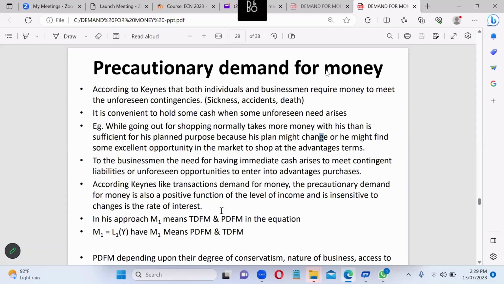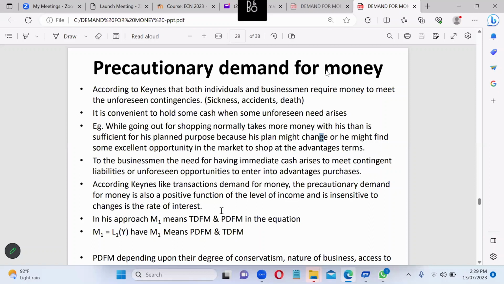Earlier, when we got an income of 15,000, we only went to the government hospital. Otherwise, when we earn more, 50,000 or 60,000 salary, we go to check our sickness at a private hospital. So our holding of money for the precautionary concept is high, based on the income.